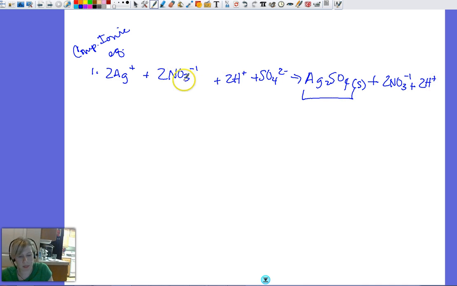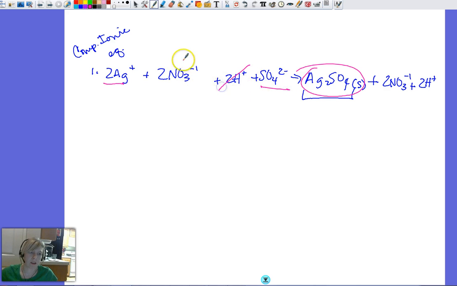Alright, I'm going to skip down to where it says net ionic equation. That one is going to be only the stuff involved in making this. So Ag is involved and SO4.